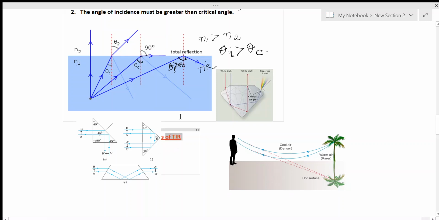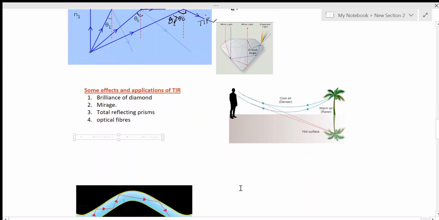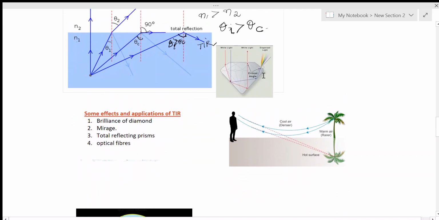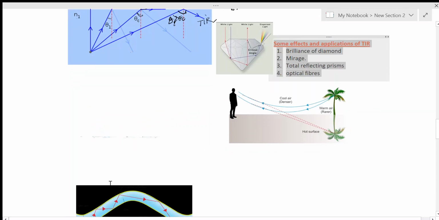Now we can say total internal reflection is made use of in different places, or we can see it in different conditions, like the brilliance of diamond is due to total internal reflection, mirage is due to total internal reflection, there are total reflecting prisms, and then optical fibers are there.